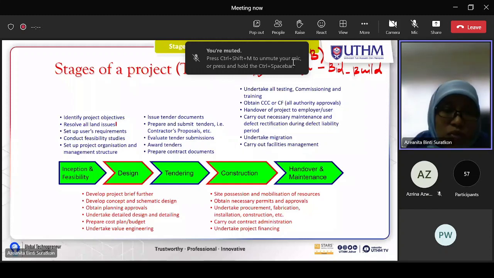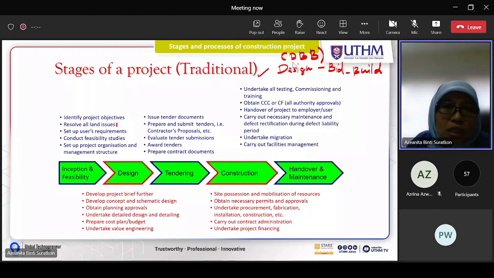So meaning he needs to buy the land, maybe he needs to change the status of the land. Sometimes the land from agriculture needs to change to maybe development or industrial or whatever. So he needs to resolve this land issue.